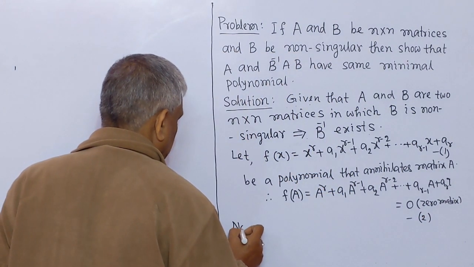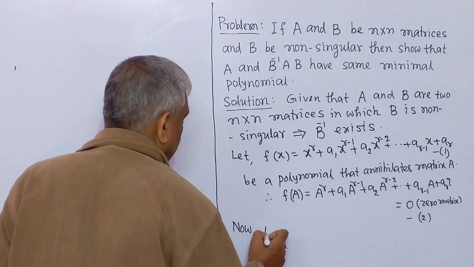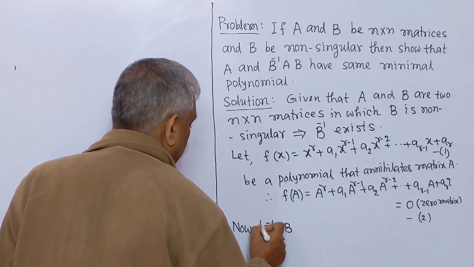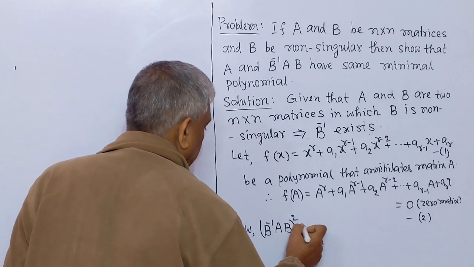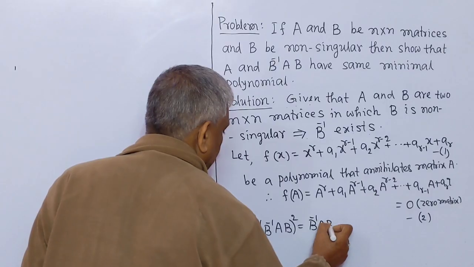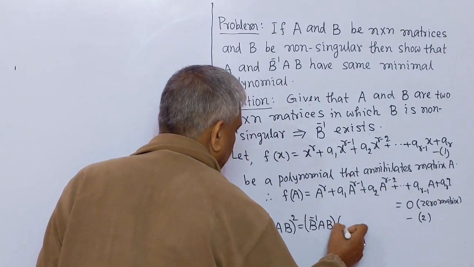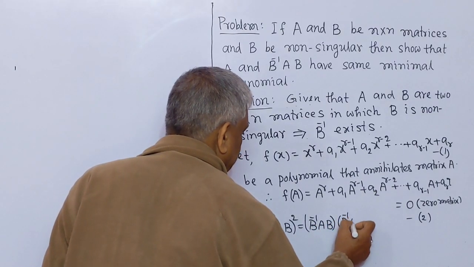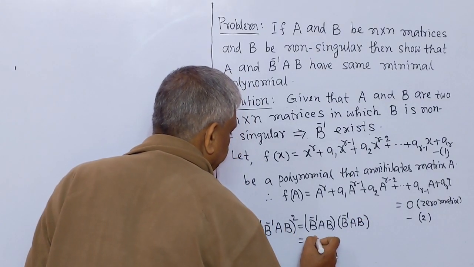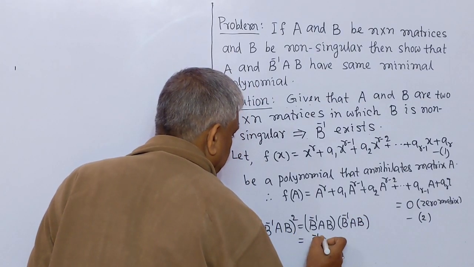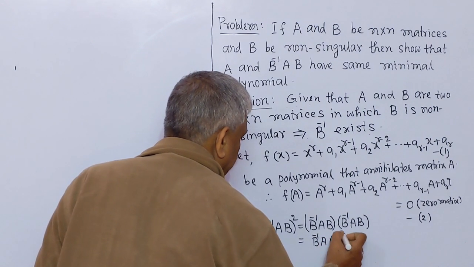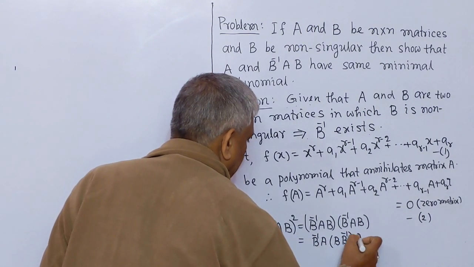Now (B inverse AB) whole square equal to B inverse AB multiply B inverse AB, equal to B inverse A B inverse AB.